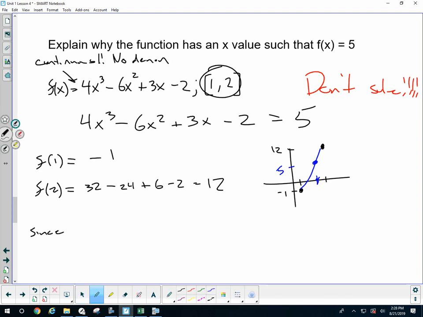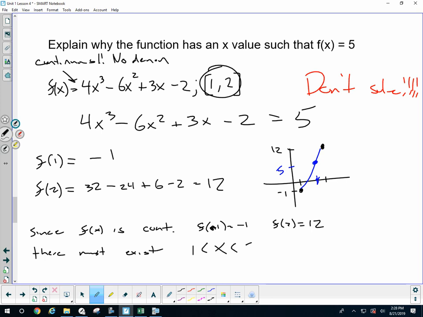Since f of x is continuous, and I know that f of 1 is -1, and f of 2 is 12, there exists an x between 1 and 2, you can either write between 1 and 2, or you can use interval notation, such that f of x equals 5, by the intermediate value theorem.